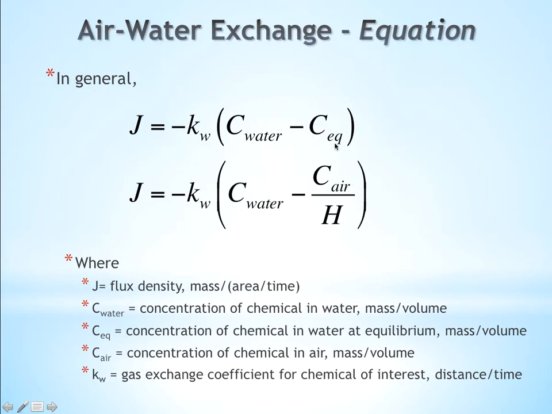And then here is our estimate of what the concentration of the chemical should be at equilibrium, which we're estimating by the measured amount in the air over the unitless Henry's law constant. Okay, so Kw is something new. You haven't seen that before. That is the gas exchange coefficient for the chemical of interest. So if you're talking about propane, this would be all the concentrations of propane in water and air, Henry's law constant for propane, and then the Kw for propane.